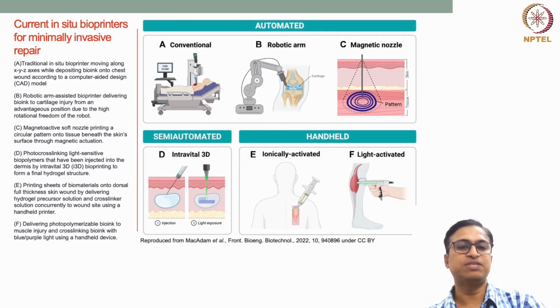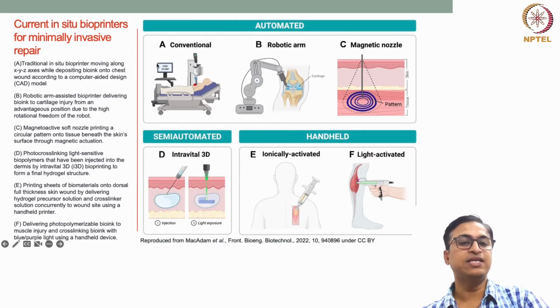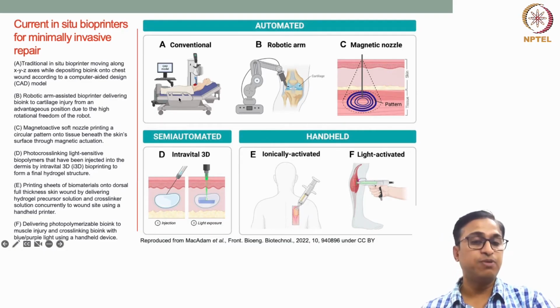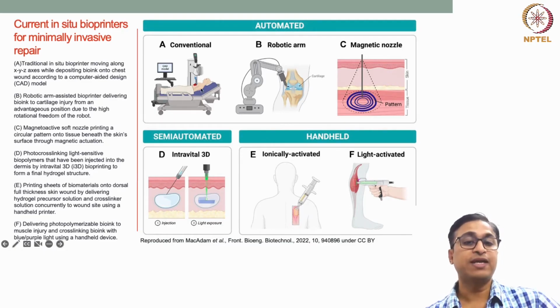Suppose the patient is lying on the surgical bed, and the bioprinter is also stationed within the surgery room, and then the bioprinting is done. This kind of concept is a very powerful technique to tackle many associated challenges as I have mentioned earlier, and it also helps to heal the wound much faster.